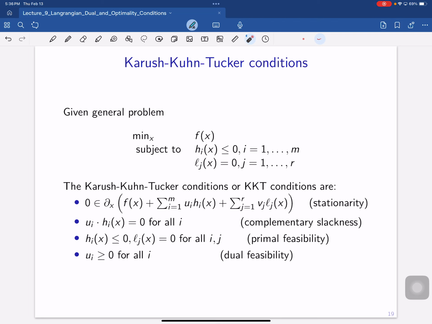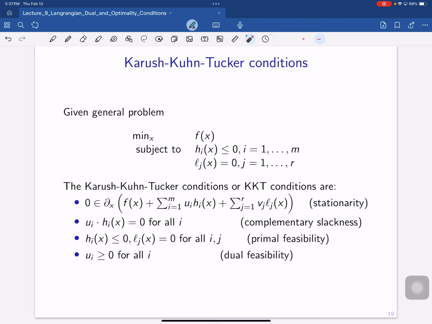That's also natural because in order to minimize the Lagrangian and get the dual function, you need to take the gradient and set it to 0, especially when this whole thing is convex. And then this condition, complementary slackness, is also what we have seen before in linear programs.